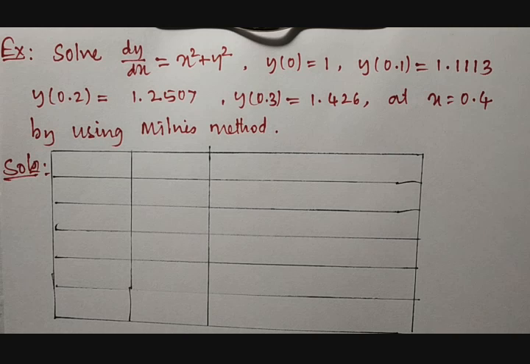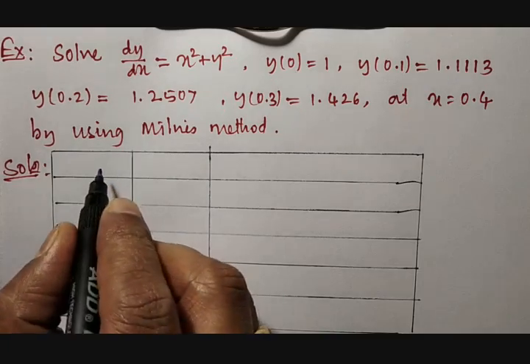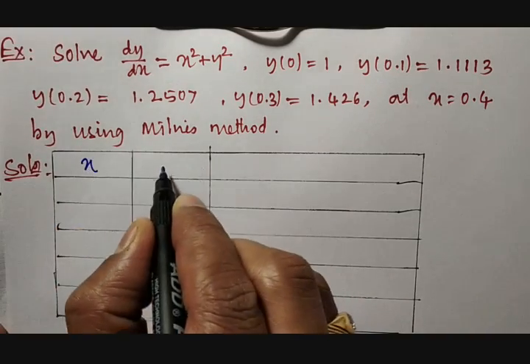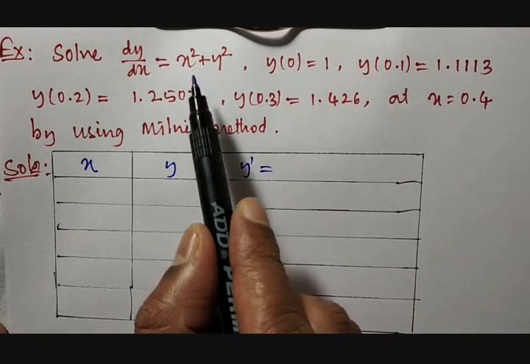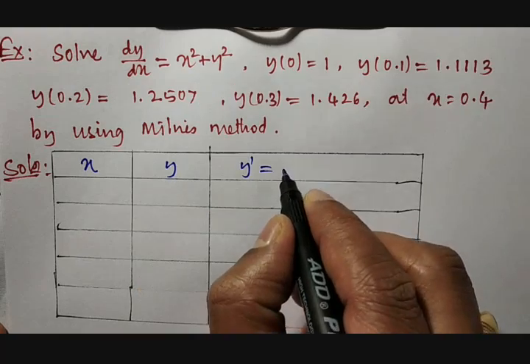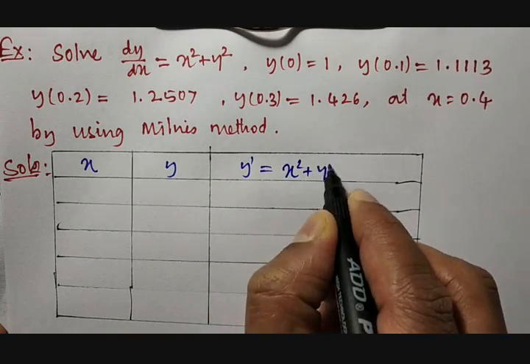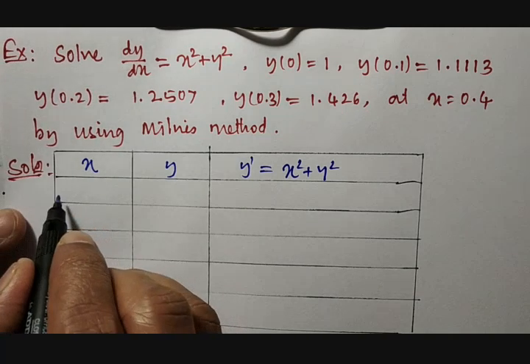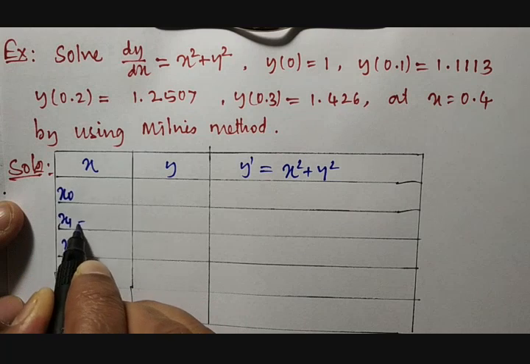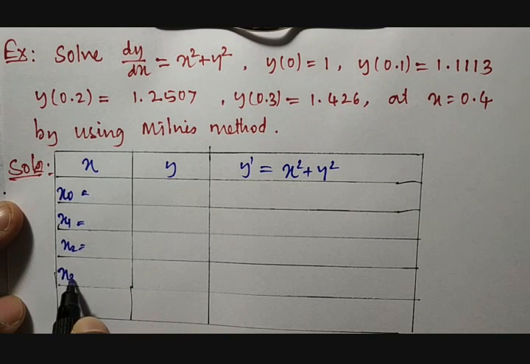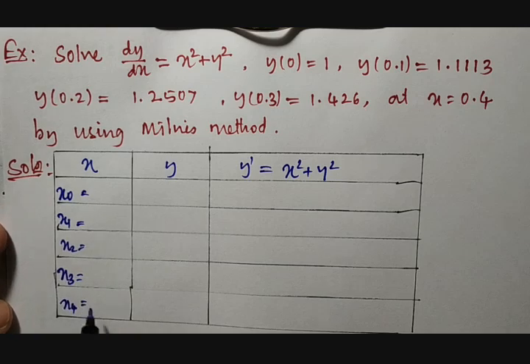Okay, so in this case, first I'll be writing the value of x, value of y, and y dash. What is y dash here? x square plus y square. So I'll be writing x0, x1, x2, x3, x4.